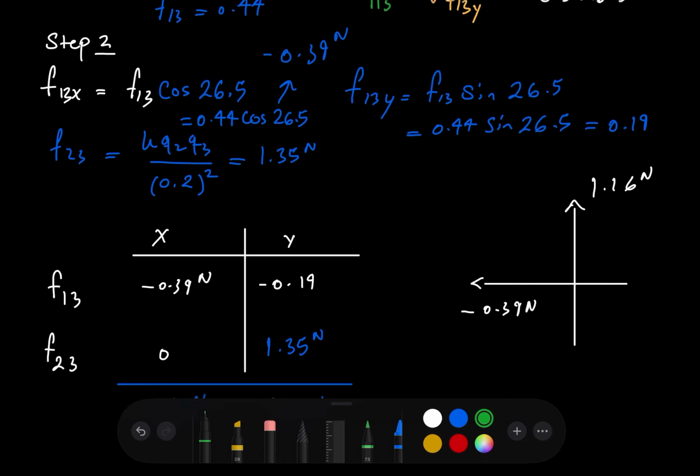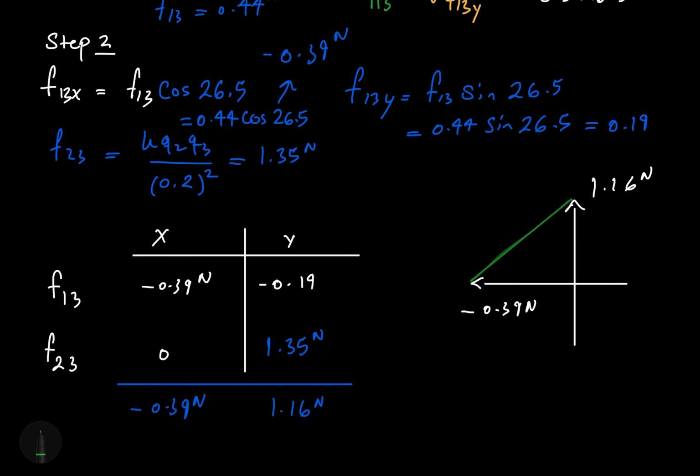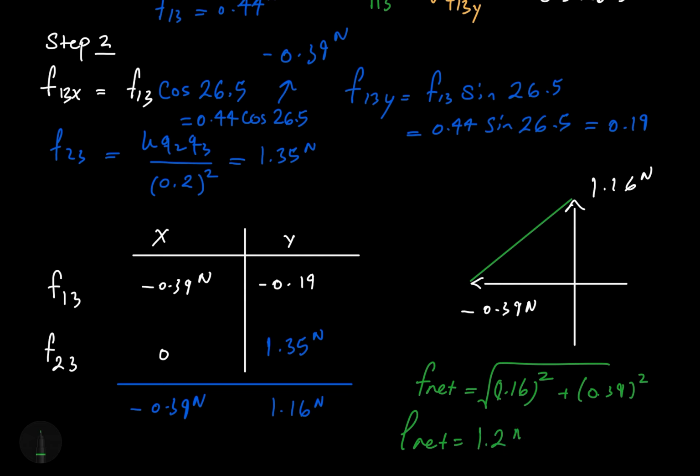So you can find the net force between them by connecting both ends of the vectors. So the net force is going to be the square root of 1.16 squared plus 0.39 squared. So F net is going to be roughly around 1.2 newtons.